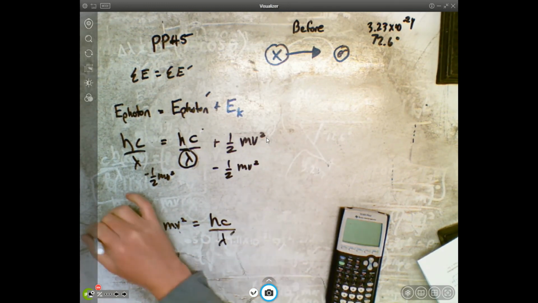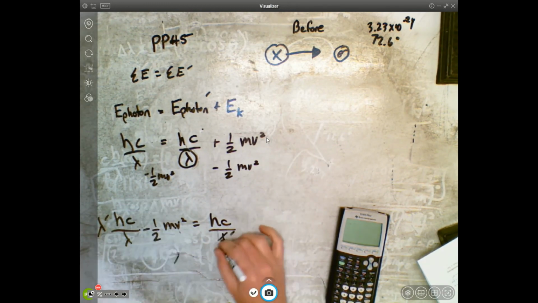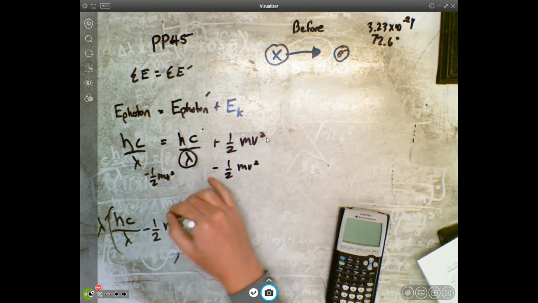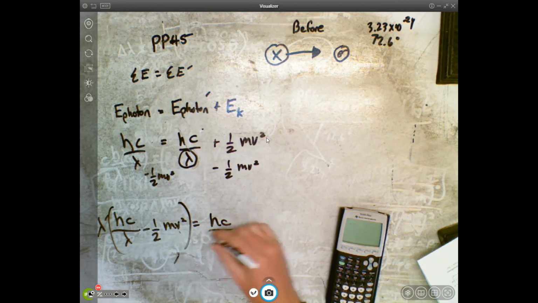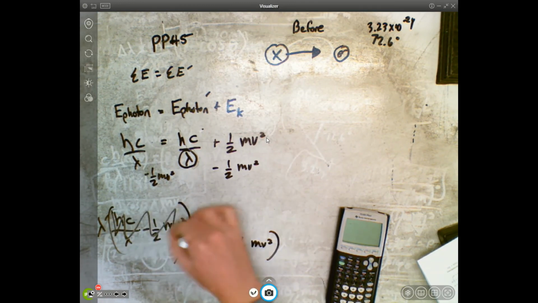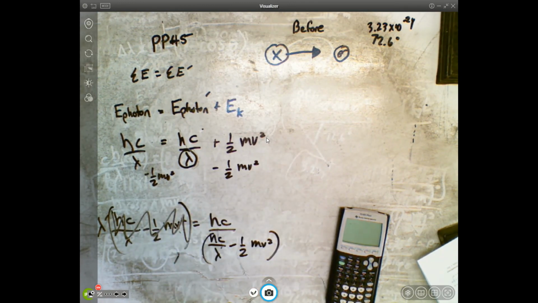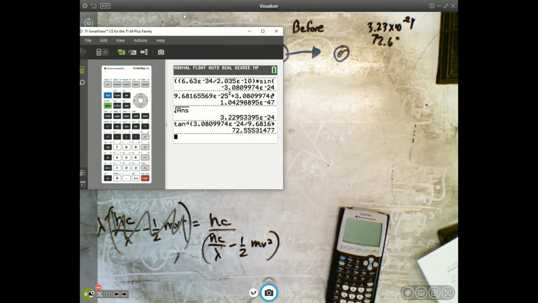So what we could do is move this up top, and then move this whole thing down below. So we get hc over lambda minus 1/2 mv squared down below. As long as you move those together, you can move them down below. And let's see what we get.